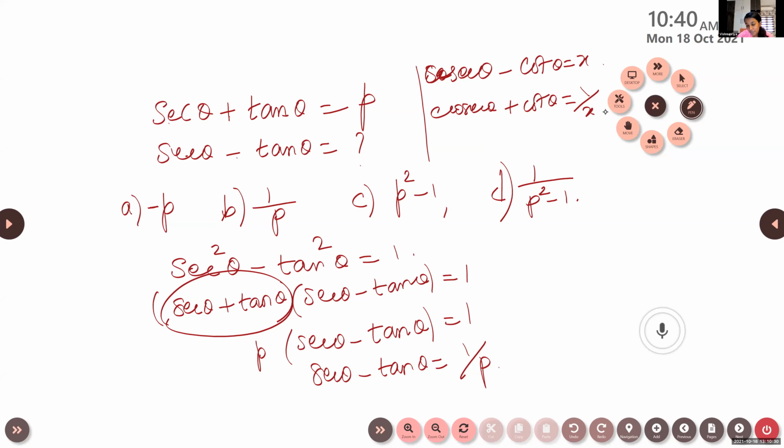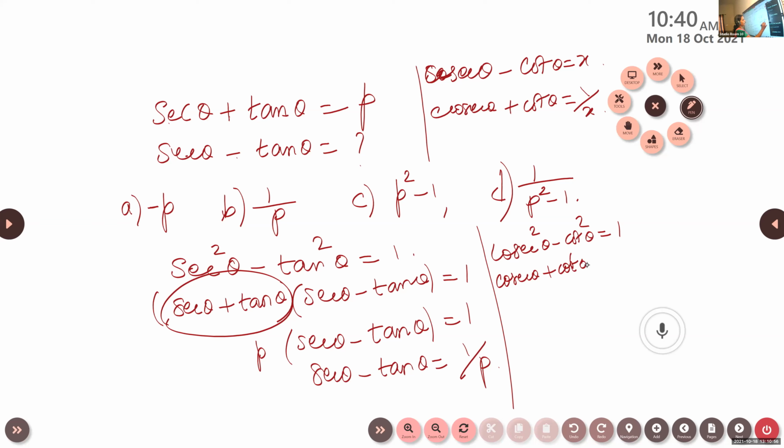Can you show how to do that second example? Which one? Cosec theta minus cot theta is equal to x, the second question. Use the identity. What is the identity we have? Cosec square theta minus cot square theta is 1. So we again use the identity a square minus b square.